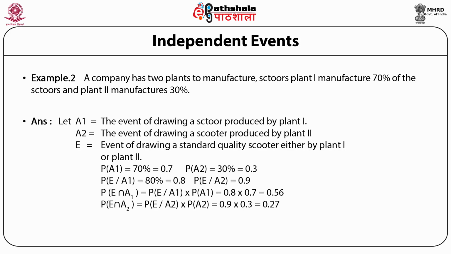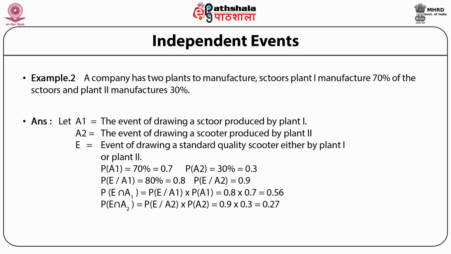Let A1 be the event of drawing a scooter produced by plant 1 and A2 the event of drawing a scooter produced by plant 2. The event of drawing a standard quality scooter from either plant 1 or 2 is denoted by E. Probability of A1 is 0.7, probability of A2 is 0.3.